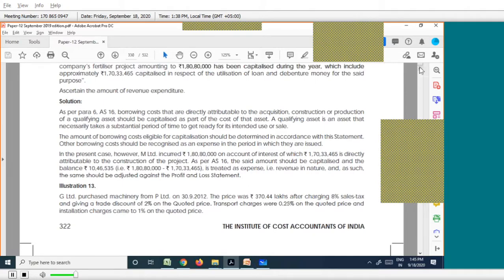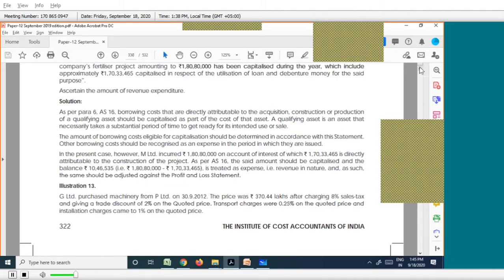Sales tax is included in this price, and the vendor has also given a 2% discount on the quoted price. Transportation charges are 0.25% on the quoted price, and installation charges are 1% on the quoted price.